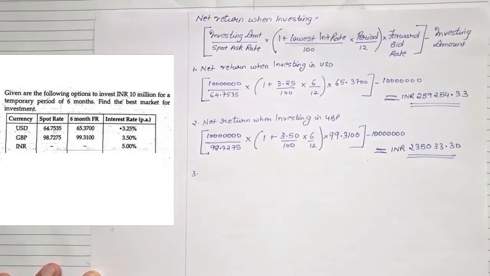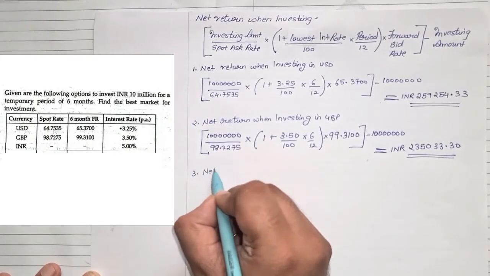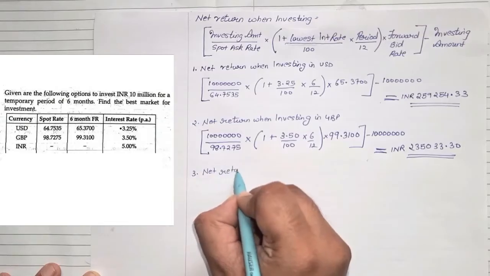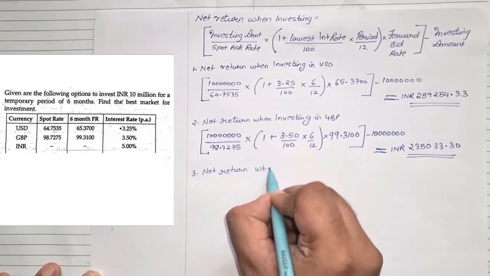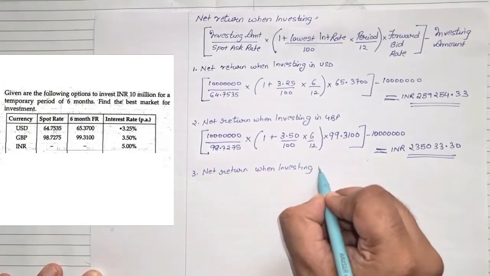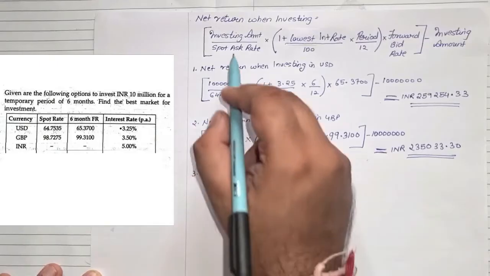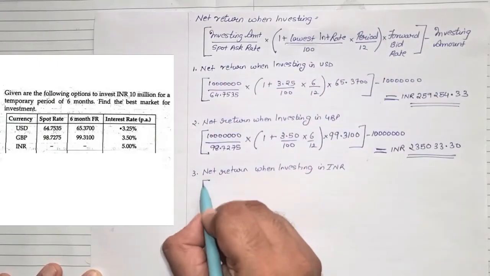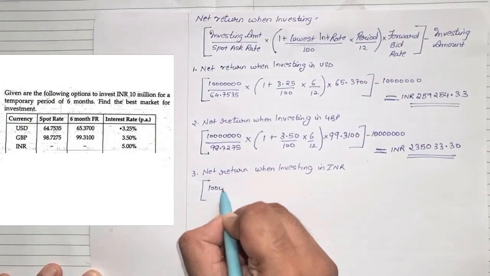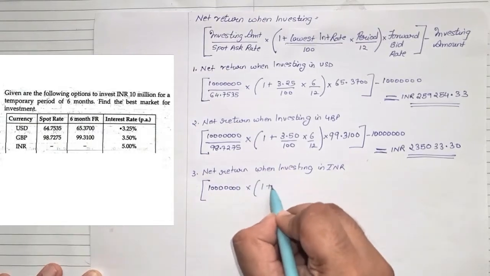Third, now third is based on INR. So net return when investing in INR. Now remember, whenever you're investing in INR, there won't be any spot and forward rate. So it will be 1 crore into 1 plus the interest rate.